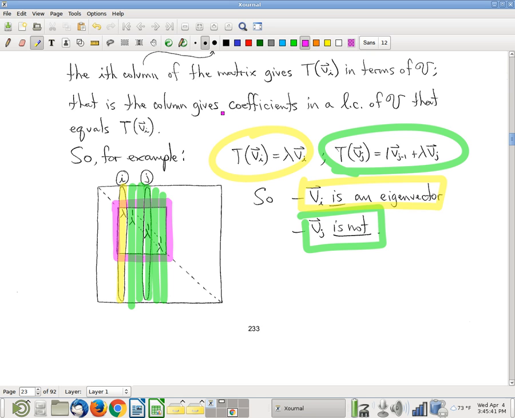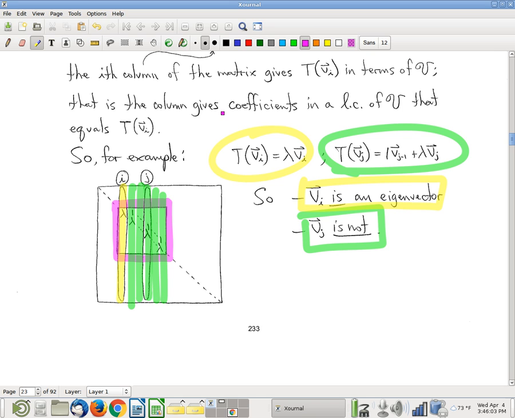Whichever basis vector corresponds to the first column that block overlaps, that one's an eigenvector. All the rest of them, not eigenvectors. Everybody happy?